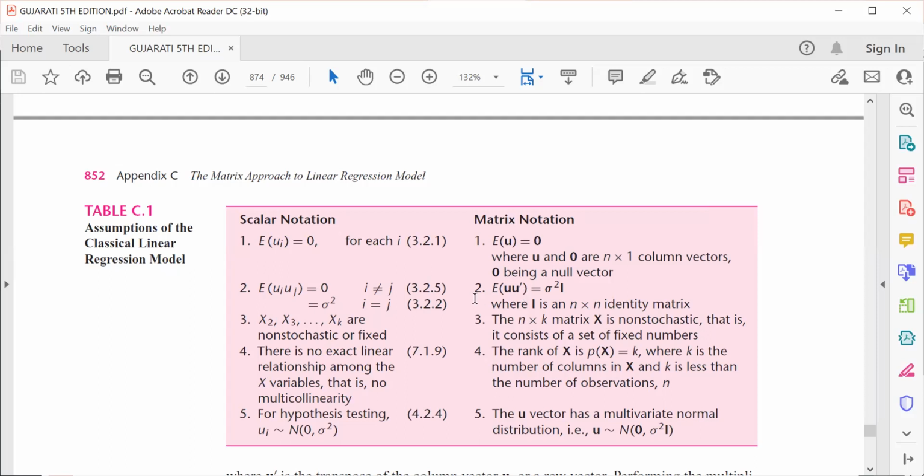In assumption number 2, we have two assumptions. The first: the expected value of mu prime mu is equal to sigma square.